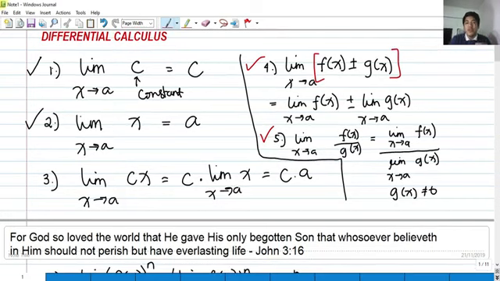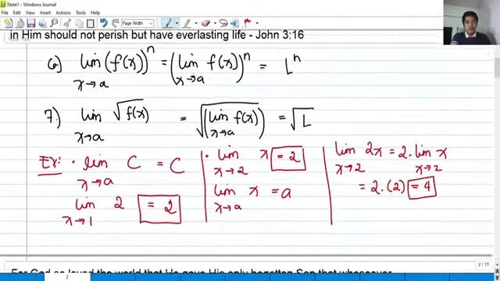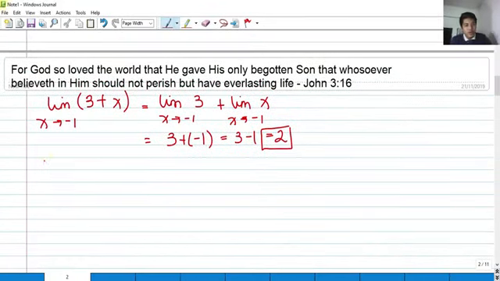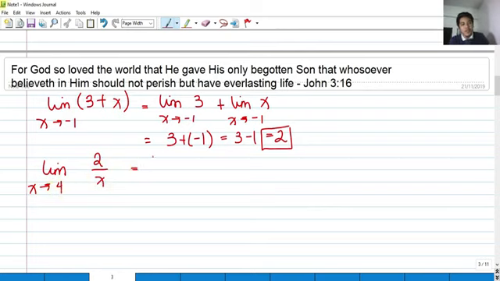So the rule is, if we are going to evaluate the limit of a, what do you call here? A quotient, okay? A quotient. So we must avoid the denominator getting 0. So to demonstrate that property, let me show you. To evaluate the limit of, let's say, 2 over x as x approaches 4, we can distribute the limit of 2 as x approaches 4 over the limit of x as x approaches 4.